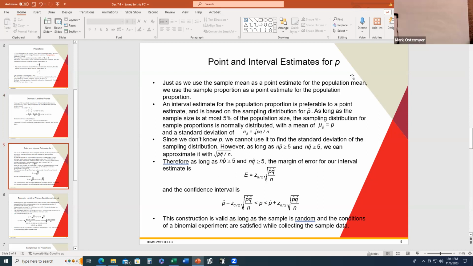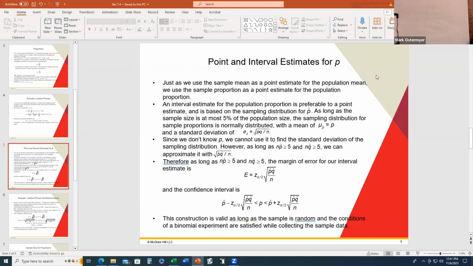Just as we saw with the sample mean last week, being a point estimate for an unknown population mean, well, ladies and gentlemen, we use the sample proportion as a point estimate for the unknown population proportion. But the problem with that, just like we discovered last week, is that we have no measure of how accurate our sample proportion is in trying to estimate the unknown population proportion.